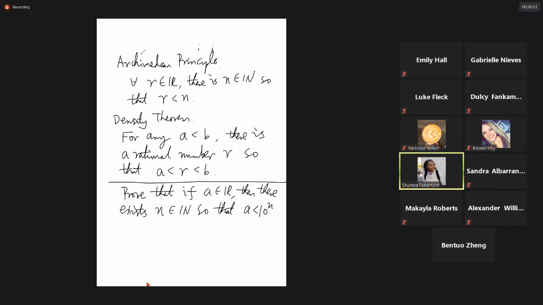And then at the end of it, you just set it less than. Well, you have to work it out first, and then you can show that there exists a natural number n so that a is less than 10 to the n.